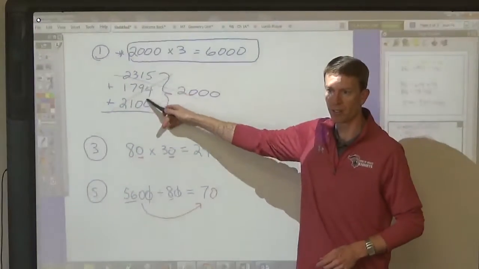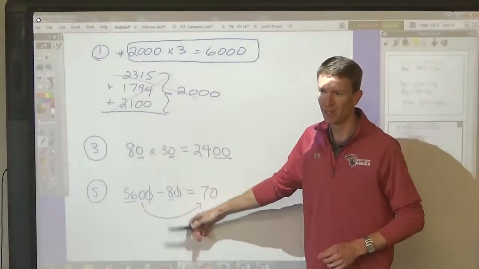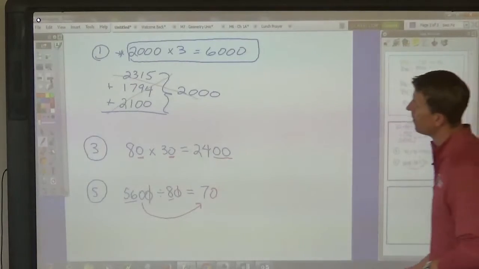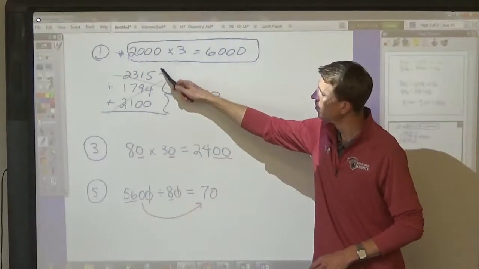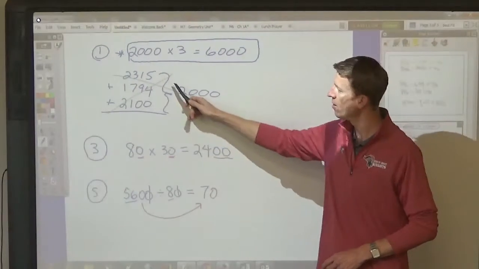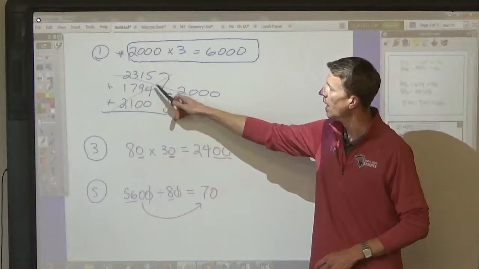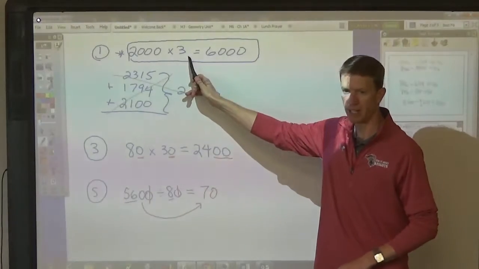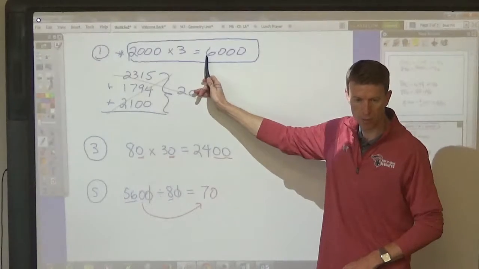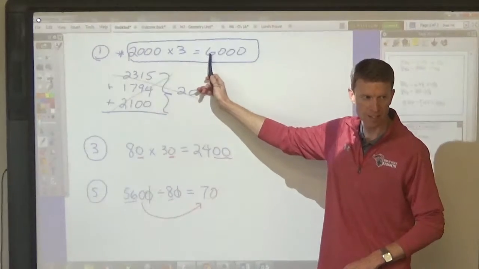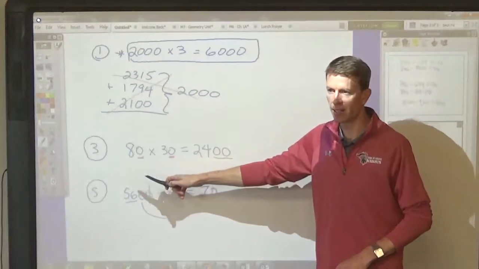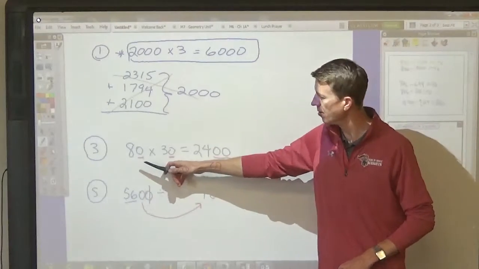So Hillary, if you want to write those down, you can get an idea of what we're doing in the assignment. Okay? So number 1, round all of them to 2,000, since they're all close to 2,000, and then do 2,000 times 3 to get the answer. 2,000 times 3 is what? Class? 6,000. Yep.